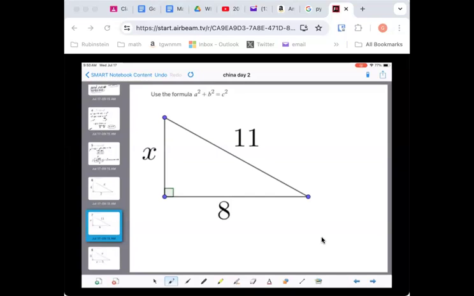So here is a right triangle. Just as a refresher, the Pythagorean theorem: anytime someone says the words Pythagorean theorem, they're talking about the fact that in a right triangle, the three sides are related by the relationship a squared plus b squared equals c squared.